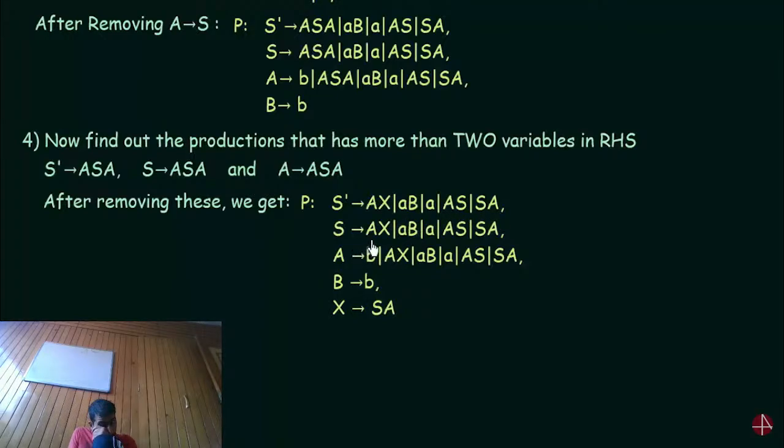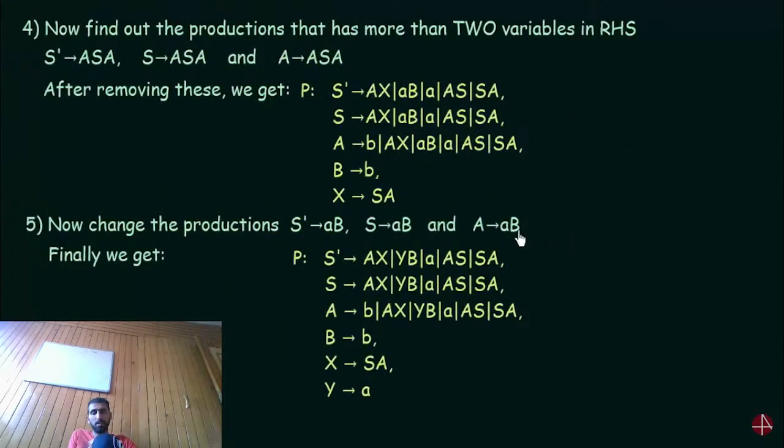Even in S, instead of ASA, I will write A, and instead of SA, I will write X, and the rest remains the same. Even in A, I do the same thing. Instead of ASA, I just write A followed by X, and then B remains the same. Now I have to add a new production, X gives SA, because all the SAs were replaced by X. So X gives SA is a new production that we have. We are done with that, and now let's go to the next step.